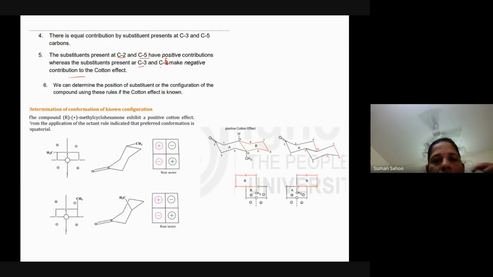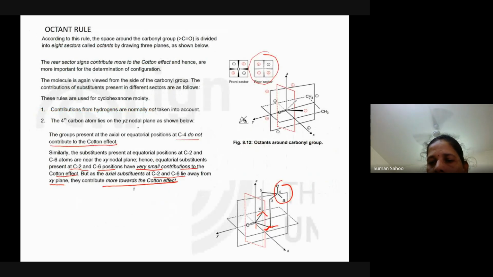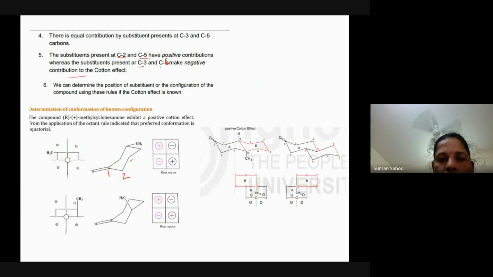Suppose you take the example of these three cyclohexanones, either in axial or in equatorial position. You have to give the numbering according to this figure: 1, 2, 3, 4, 5, 6.